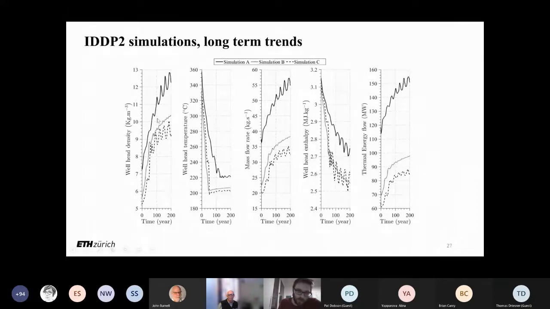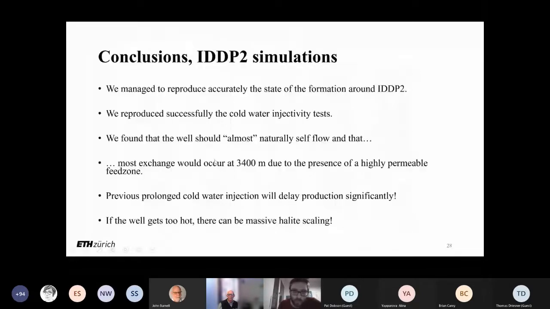I think what's more dramatic is the drop in temperature. Depending on what we really want, it might be fine, because we still have a lot of thermal energy produced. It's just at a lower temperature over time.